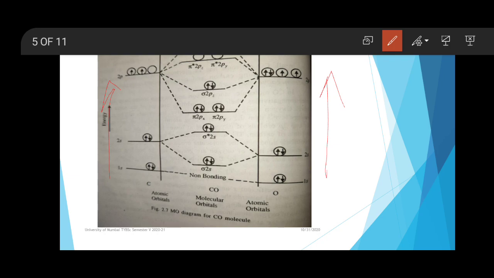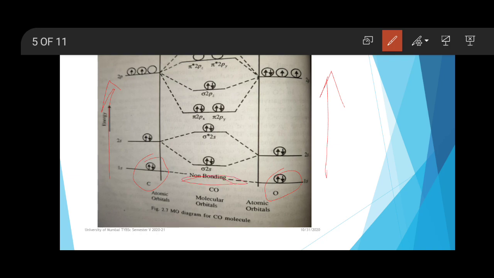Now here, as I said a few minutes before, when the 1s orbital of carbon combines with the 1s orbital of oxygen, both are not valence shell orbitals, and that's why they will form only non-bonding molecular orbitals.